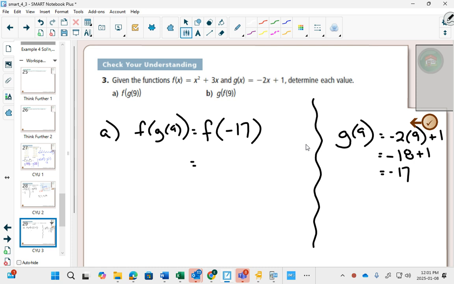And now f of negative 17, you can either do that off to the side too if you want, or you could do that right here. f of negative 17 would be negative 17 squared plus 3 times negative 17. Ooh, how's your 17 times table? Anybody got 17 times 17?